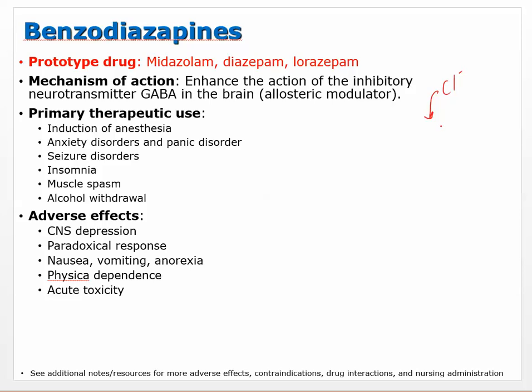By hyperpolarized, that means it makes the cell really negative and really lazy, and it doesn't want to fire. So that's what benzos do. They inhibit firing of neurotransmitters.